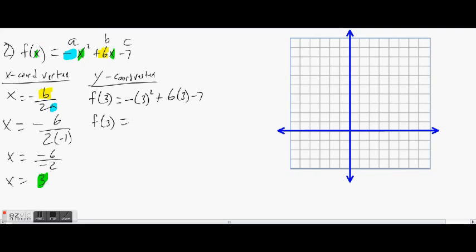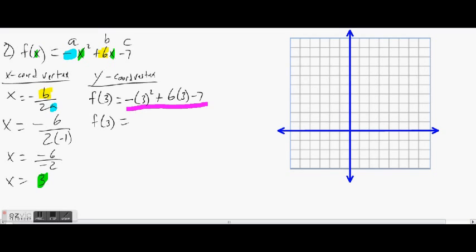Now this whole thing right here is calculator work. Again, please use parentheses when you're substituting, because your calculator will give you the wrong answer. I don't want you guys believing your answer is correct just because your calculator gave it to you. Your calculator is stupid. You have to think for it. Please use parentheses.